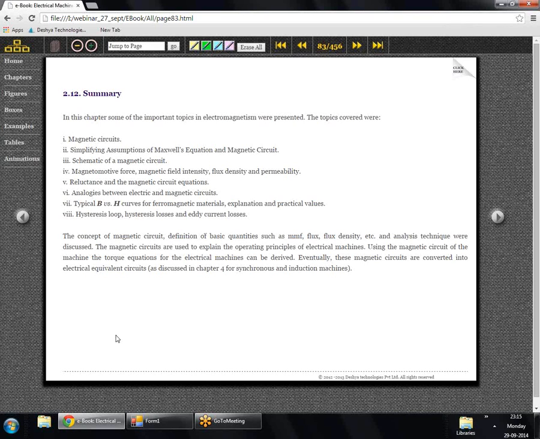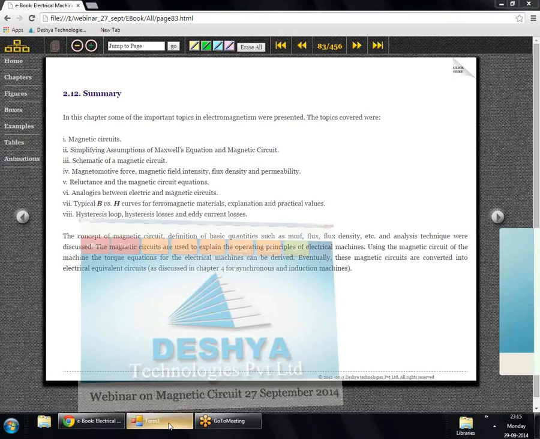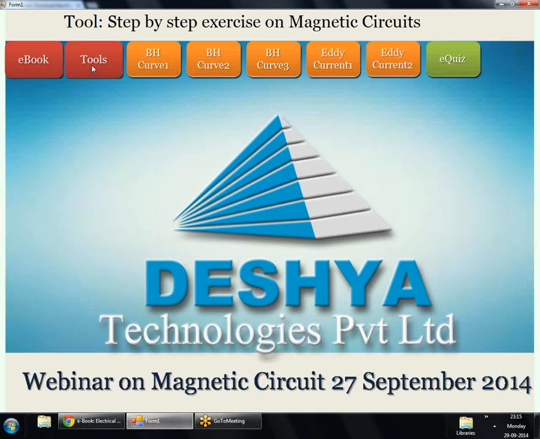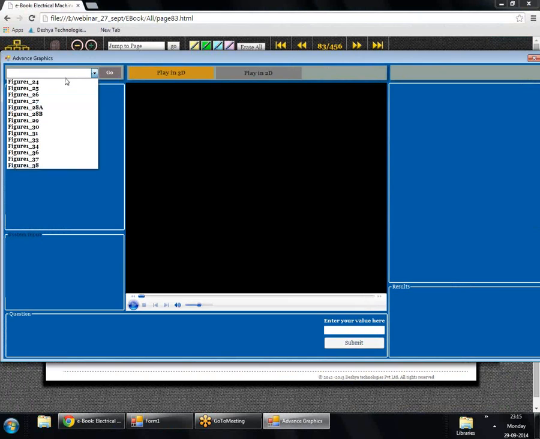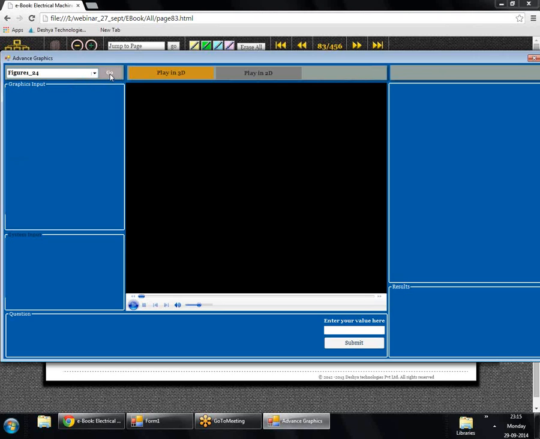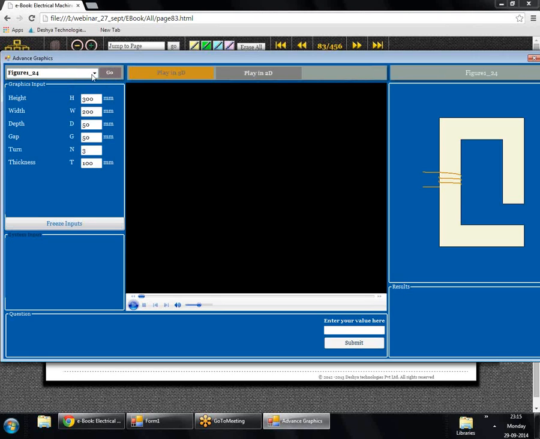Now to understand the magnetic circuits in detail, we have some examples, and these examples are present in our tools. Here we choose a magnetic circuit. There are multiple problems available, but we choose the first one, and here we see that there is a ferromagnetic core, and around this core a coil is wrapped.